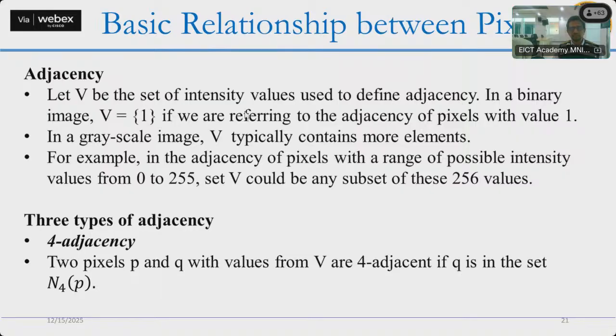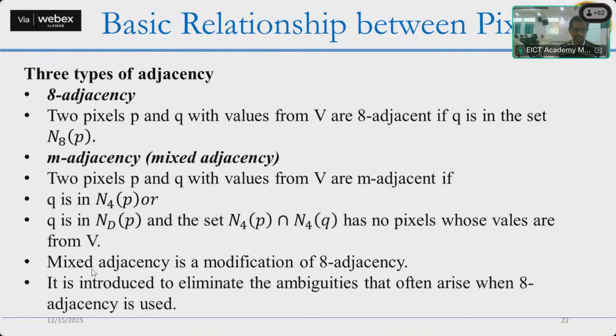See what we are saying: adjacency is basically in the neighborhood. It is a type of neighborhood. In 4 adjacency, the 4 part is there, and the 8 part is there, but it is not limited only to this 4 and 8.